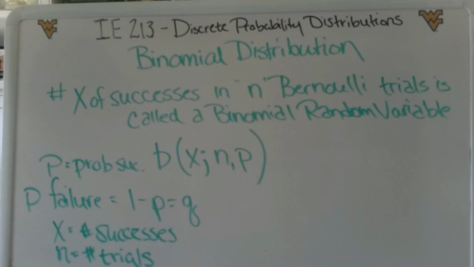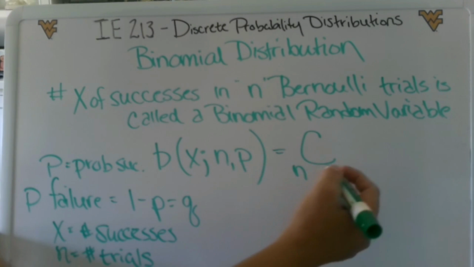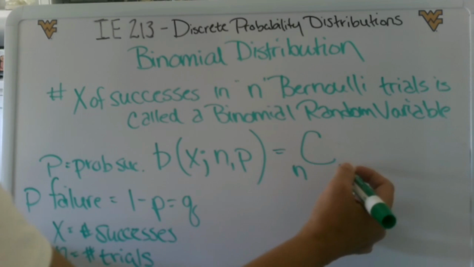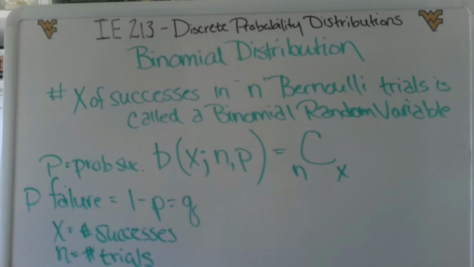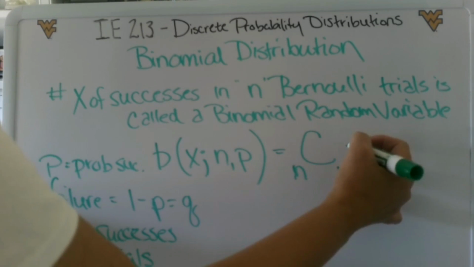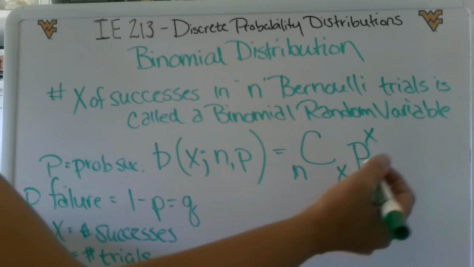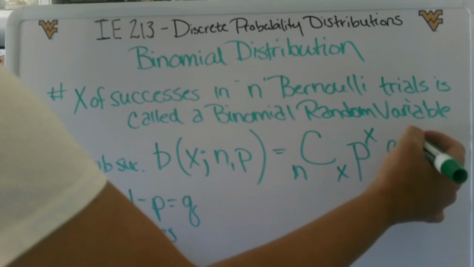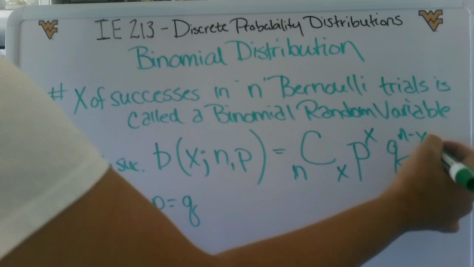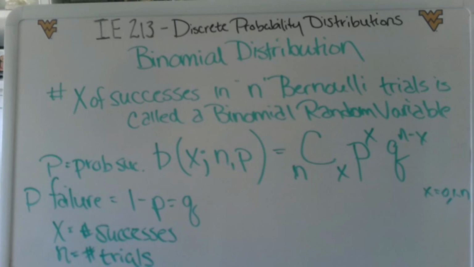Then the probability distribution of the binomial random variable X, the number of successes in N independent trials, would be equal to the number of ways, and we said C(n, r) was the number of successes in N, so we're just going to call that C(n, x) now to align X and R in this equation because X is R. So C(n, x) times the probability of success to the X and the probability of failure to the N minus X. And then X can go from 0 all the way to N. Okay, so that is our probability distribution formula.